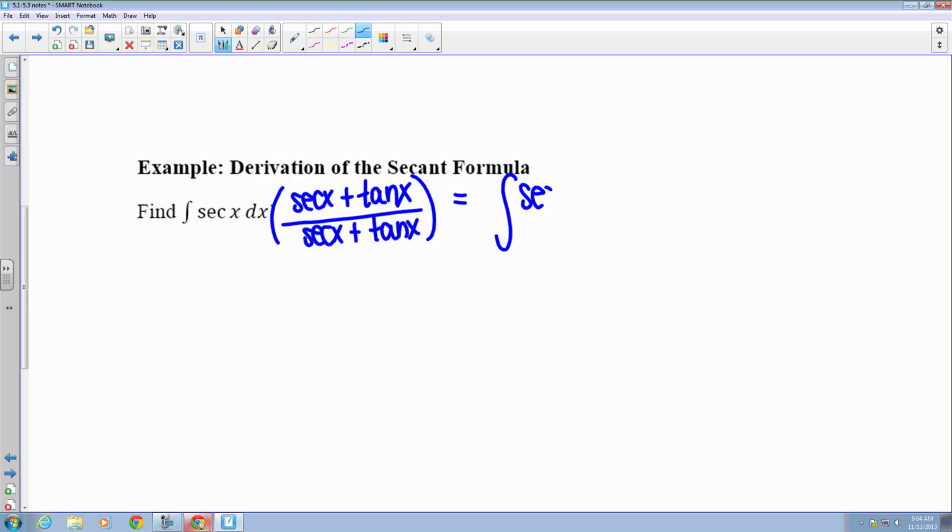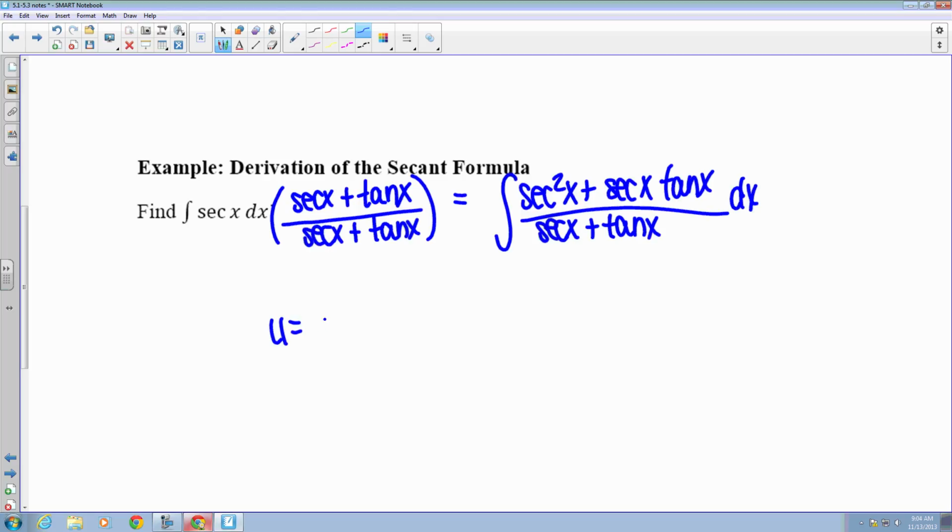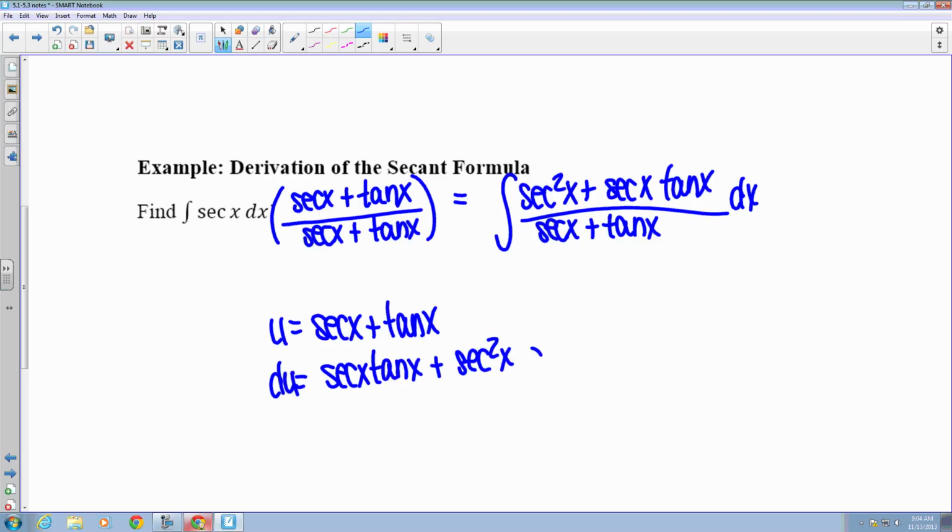This turns into secant squared plus secant tangent all over secant plus tangent. And then this turns into a natural log u substitution problem. Our u is secant plus tangent on the bottom. The derivative of that is secant tangent plus secant squared, which it turns out is exactly what we have on the top right now.